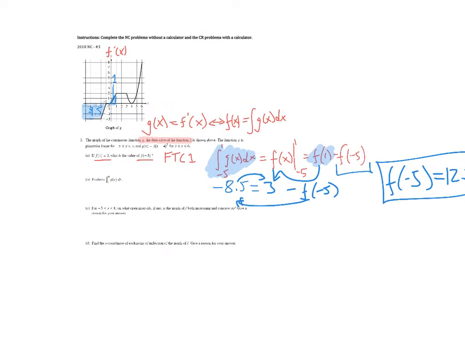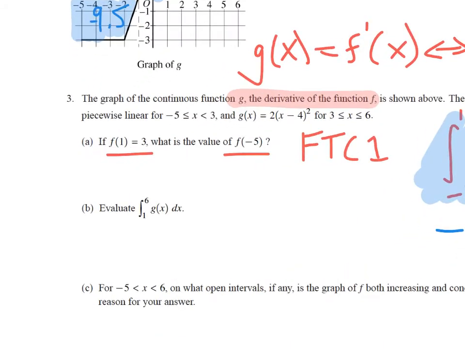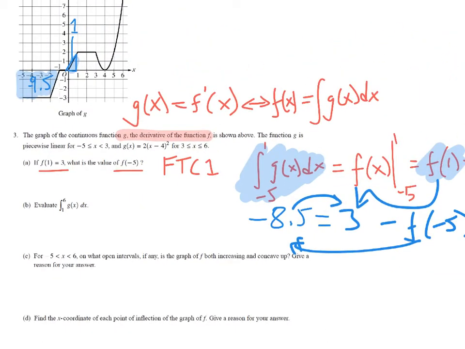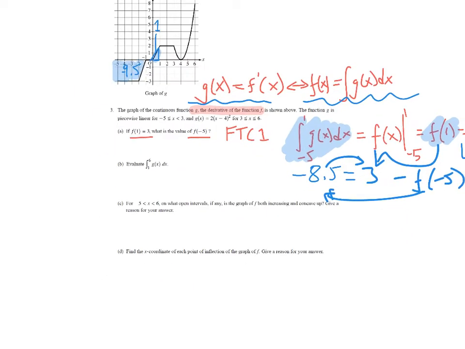That's the idea there. So that's the clue. We know that one is an integral of another, and writing out both of these relationships is going to be really helpful to see that.